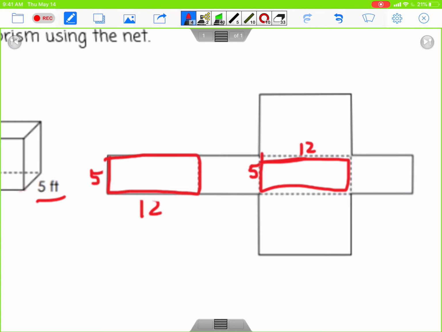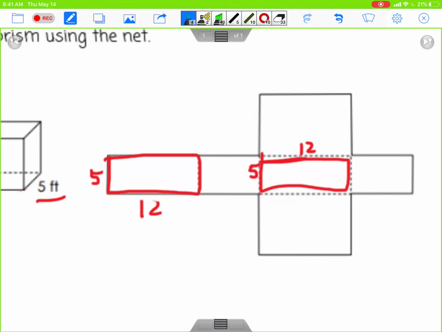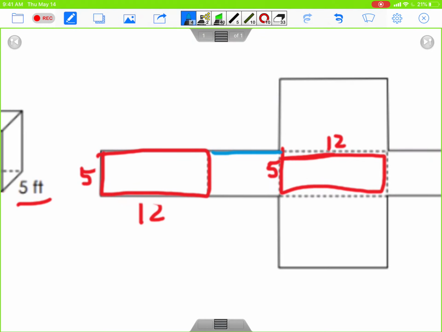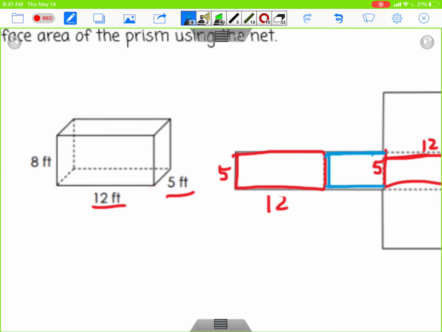Two rectangles down, 4 more to go. The next rectangle I'm working with is this tiny one right here. I go back to my 3-dimensional shape and look for the smallest side. The smallest side would be on the right here and on the left. Remember, for rectangular prisms, opposite sides are the same, so there's going to be 2 of each side.